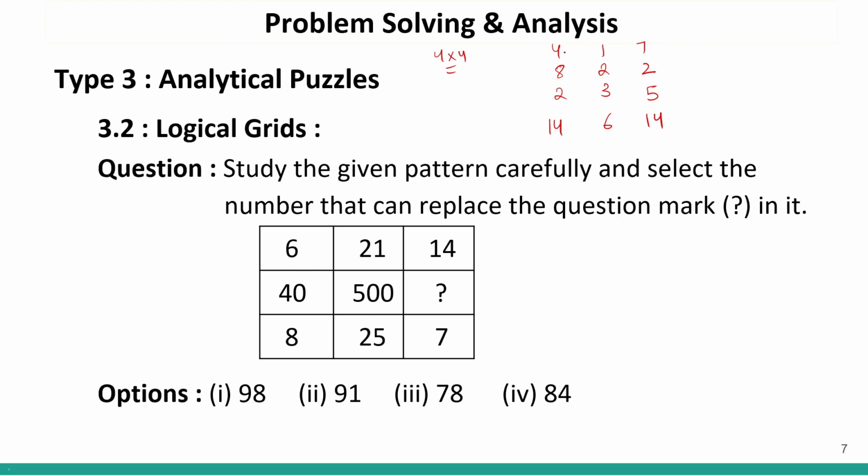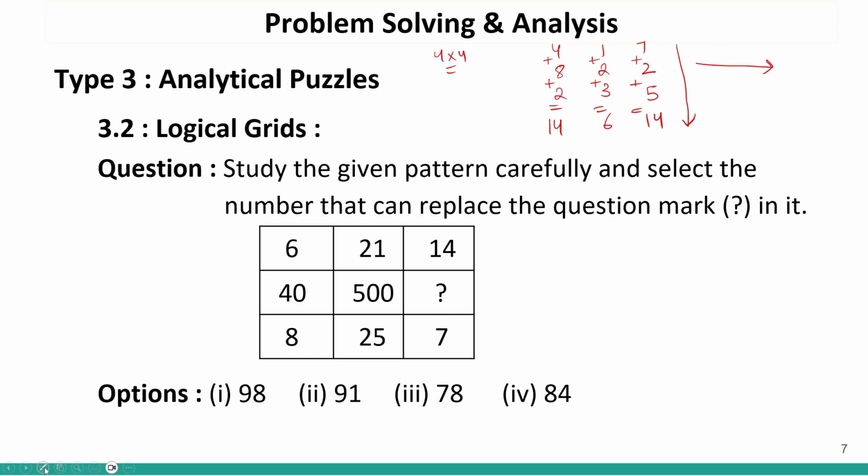So here I can see that 4 plus 8 plus 2 will give me 14. Correct? 1 plus 2 plus 3 will give me 6. Similarly, 7 plus 2 plus 5 will give me 14. Correct? So in your logical grids, operations can be done in this form or operations can be done in this form also. So either of the two cases are possible in your logical grids.